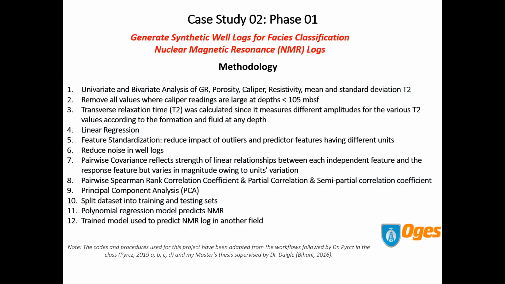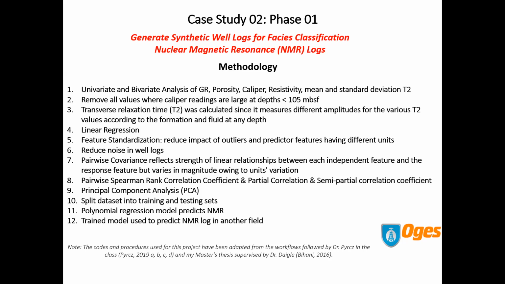So we would look at NMR logs as useful to understand the lithological or geological information, such as the variation of pore size distribution with depth, but it may not be measured in all the wells. So the project that we're looking at, and this project, as I said, can be used to generate other types of important well logs.